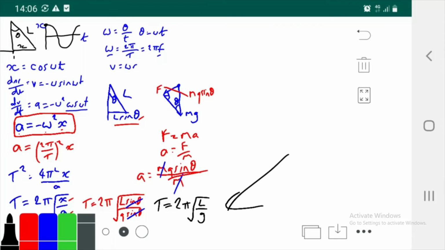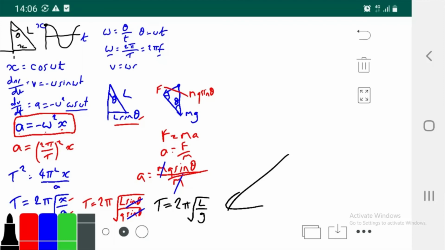So if you took your pendulum to Jupiter, g would be larger. That would make the time period smaller, i.e. the pendulum would oscillate more quickly. If you increase the length of the pendulum, you're going to increase the time period, which means the pendulum will swing more slowly.